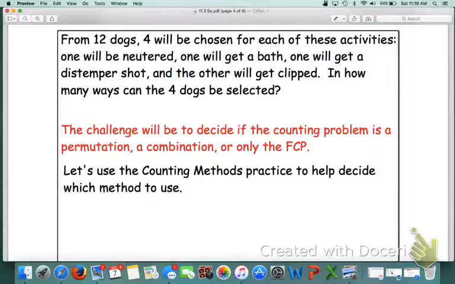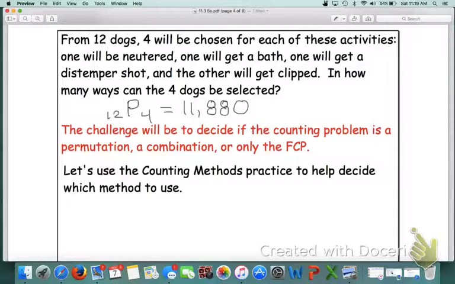They were all going to the nursing home. In this case, the 4 dogs that are being chosen are doing different activities. So since they're doing different activities, we have to use a permutation. Okay, so this would be 12P4, and that's going to give us 11,880.